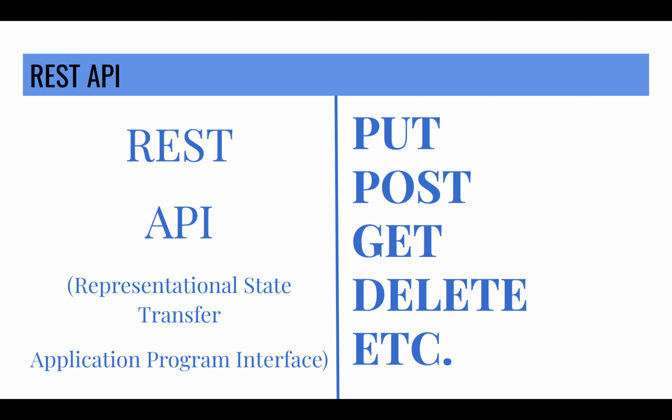Put and post are for when you want to do something on the server. For example, in ONTAP, you want to create volumes, qtrees, CIFS shares, export policies, etc. That can be your put and post operation.